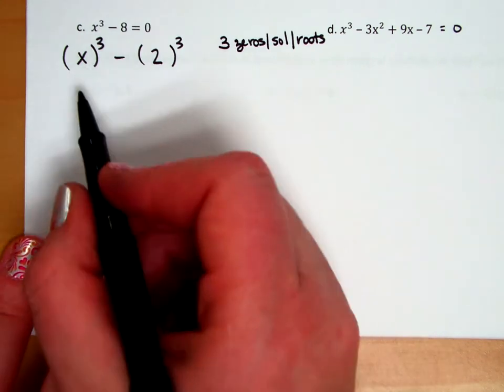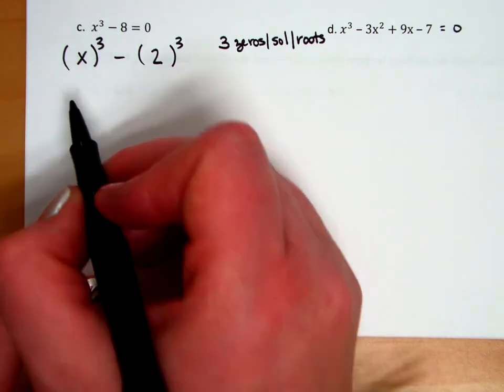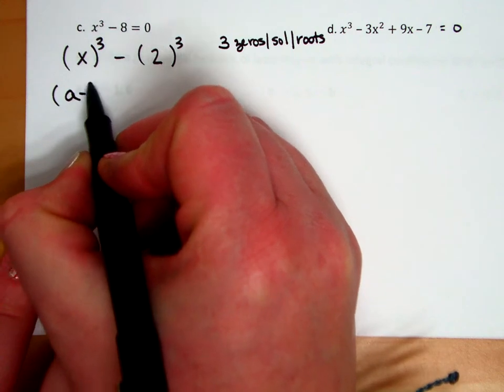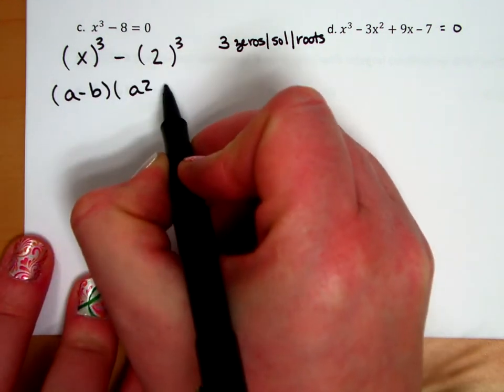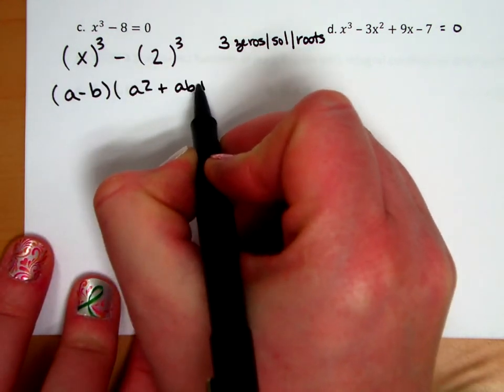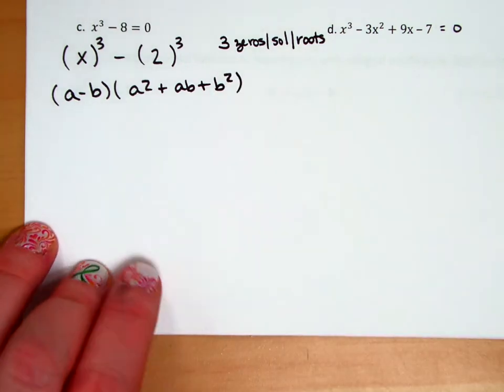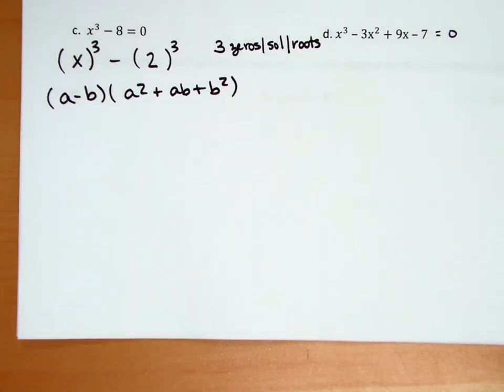Then I'm going to take the factoring of a difference of cubes: a minus b, a squared plus ab plus b squared. The a's and the b's are just related to the locations. So a is your first set of parentheses and b is your second set of parentheses.